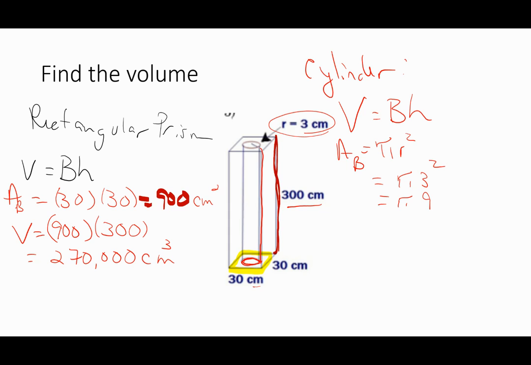Pi times 9 gives us 28.27. So now we're going to do the volume. The volume is the area of the base, which is 28.27, times the height. So we have 300 as our height.